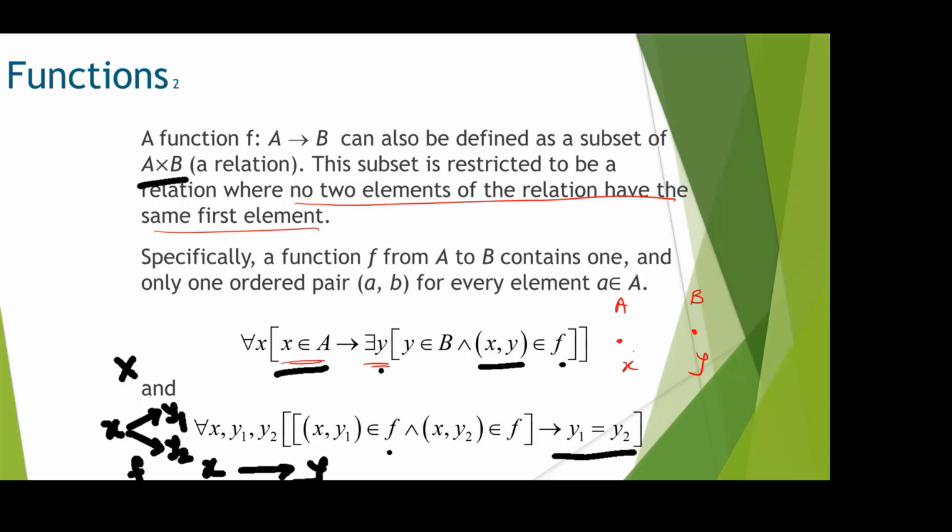And whenever (X, Y) is in the function, if there is another Y, say Y1 and Y2, for which X has the function, then Y1 and Y2 must be the same element. So in other words, it's the same as saying that the output will always be unique, but this is a more formally defined way of saying the same thing. So whenever X and Y are part of a function, X and Y are coming from separate sets A and B, and X always has a unique value of Y.